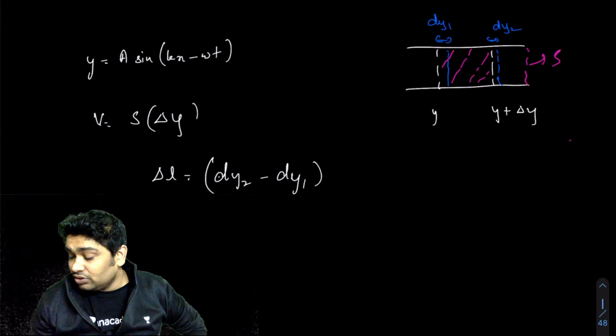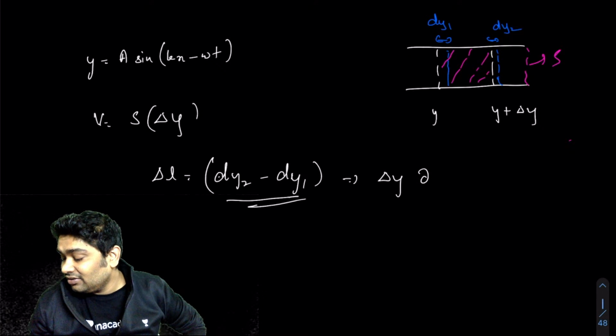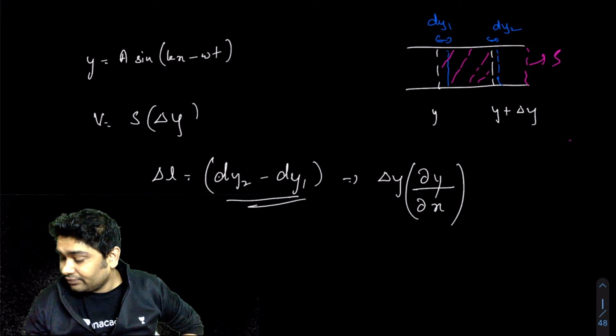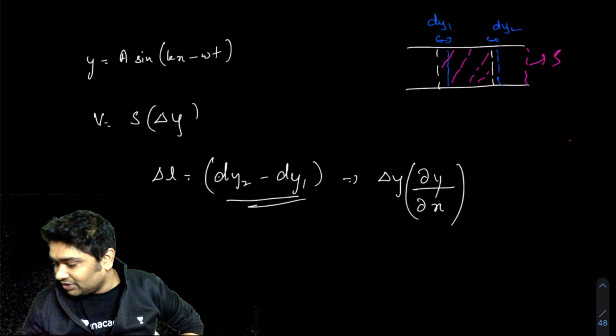Now you will also realize this is nothing but delta y times del y by del x. Actually, it should have been x and x plus delta x.